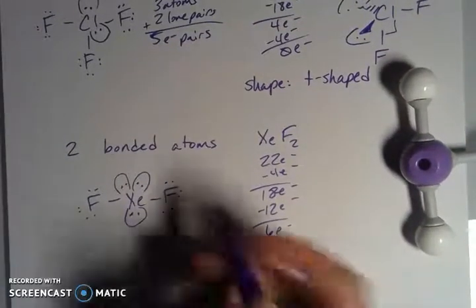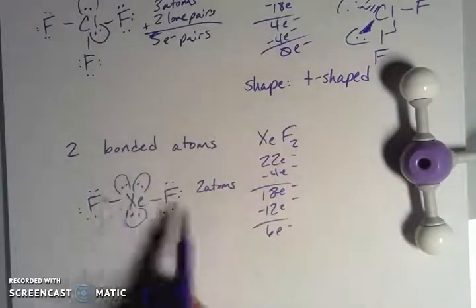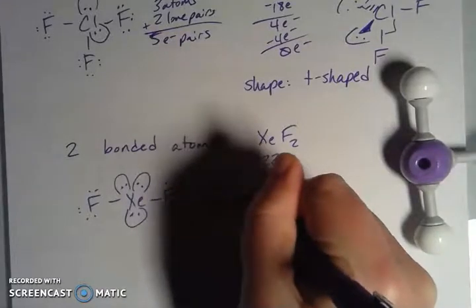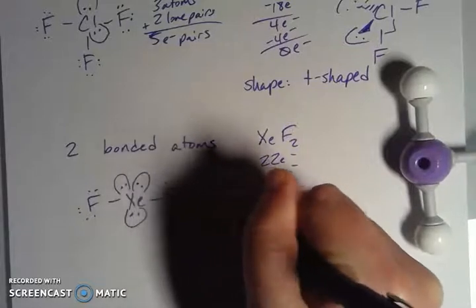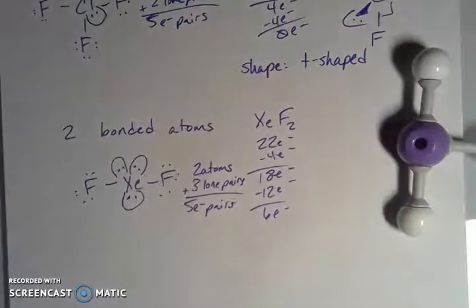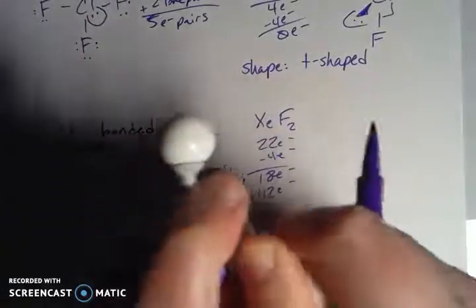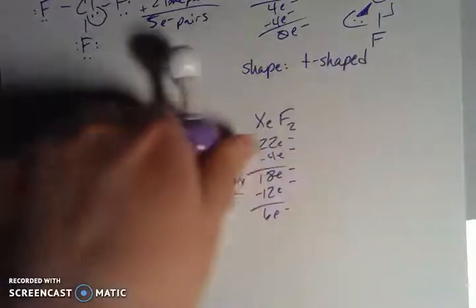And now I have 2 atoms. If we're doing an accounting to figure out what our geometry is, we have 2 atoms, 3 lone pairs, which means that we still have 5 electron pairs. So we still have that trigonal bipyramidal VSEPR geometry. But now I'm going to get rid of this last one because the furthest apart these things can be is on the opposite ends of that central atom.